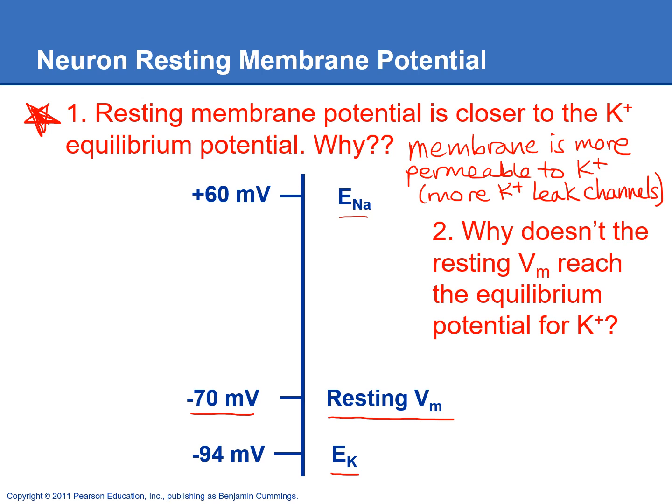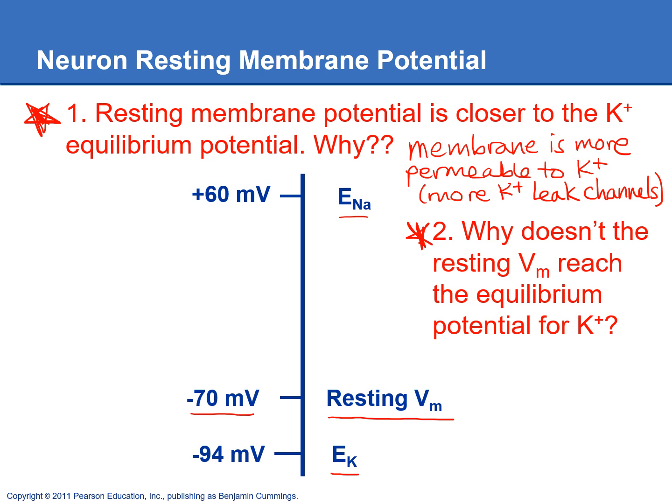Okay, and then our second question that I would know for the exam. So why don't we just, with our resting membrane potential, why don't we go all the way to potassium's equilibrium potential? Why don't we just go all the way to minus 94 millivolts? Why do we stop at minus 70 millivolts?